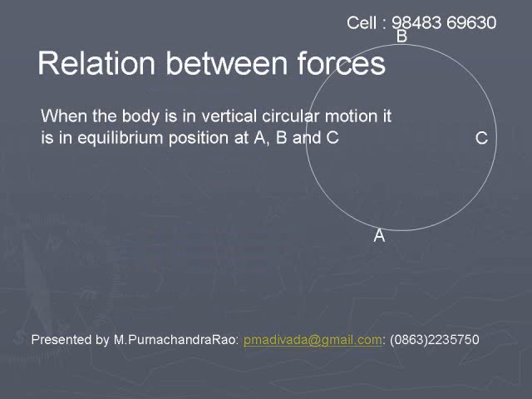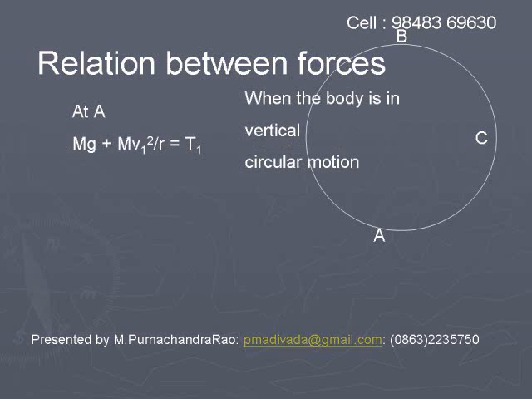When the body is in vertical circular motion, it will be in an equilibrium state at A, at B, and at C. At A, Mg plus Mv1 square by r is T1.